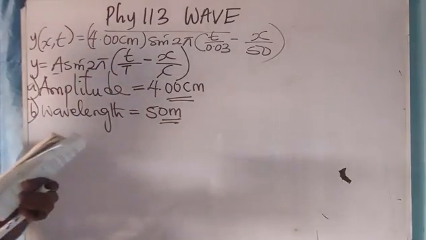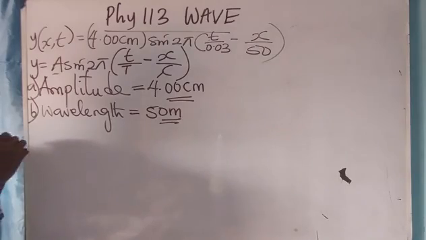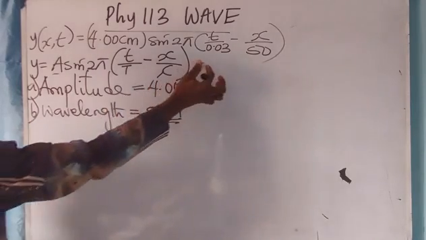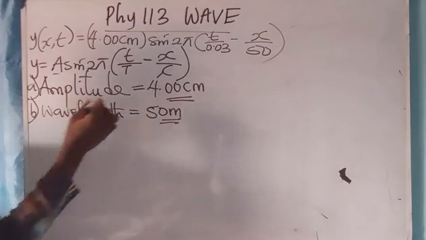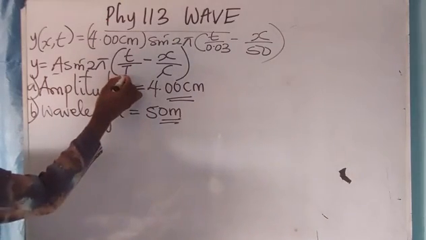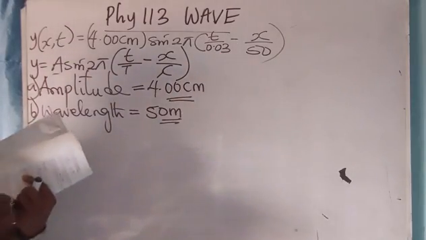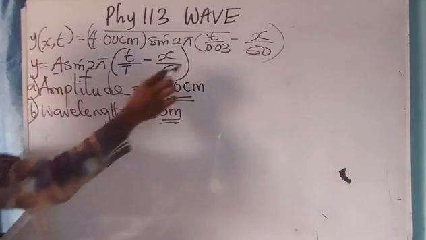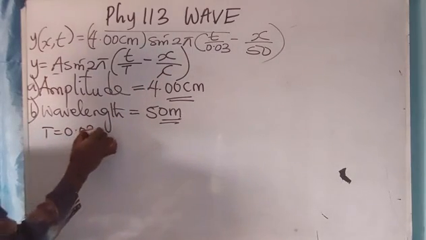Then the next one says calculate the frequency. Now the period here, period is T, and you have it to be T equals 0.03 seconds.